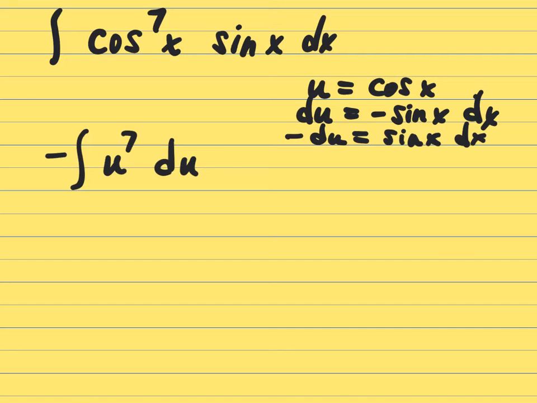Add 1 to the power, divide by the result. Plus c. And then we bring cosine x back in for u.